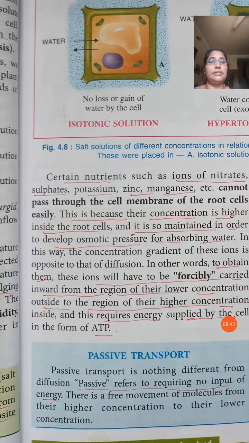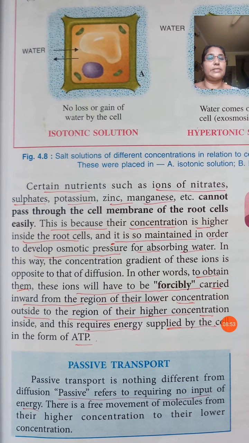Here you can see its explanation. Certain nutrients such as ions of nitrate, sulfate, potassium, zinc, manganese, etc. cannot pass through the cell membrane of the root cell easily. This is because the concentration is higher inside the root cell, and it is so maintained in order to develop osmotic pressure.